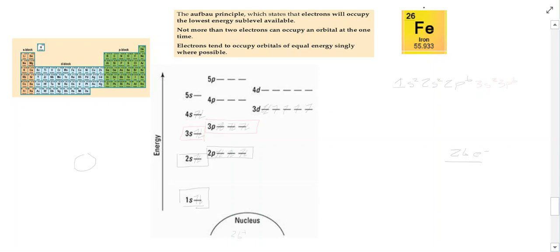Then we have this one here, which is the 4s. Let's just make some space over here.